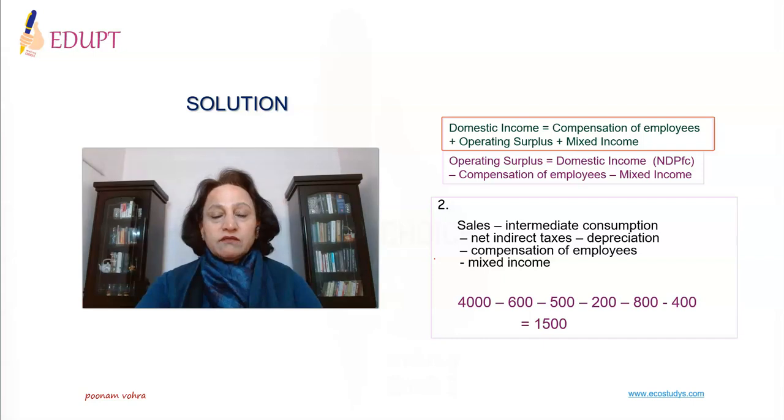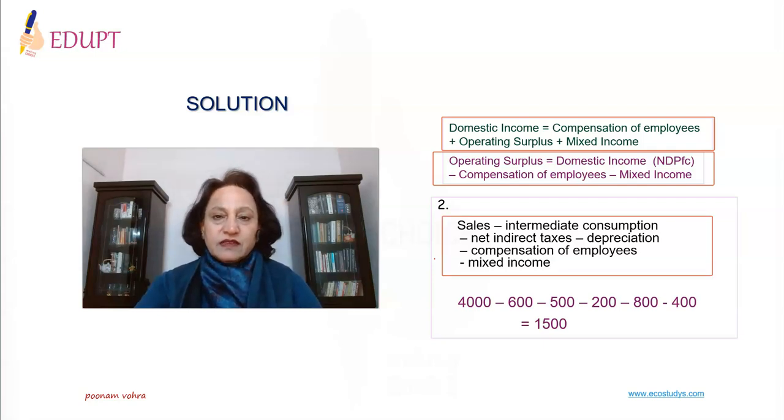So the formula becomes operating surplus is equal to NDP at factor cost or domestic income minus compensation of employees minus mixed income. One can find NDP at factor cost, which is in actual sense sales plus change in stocks minus intermediate consumption. Here change in stocks are not there, so it will be sales minus intermediate consumption. Since it is at factor cost, minus net indirect taxes, as it is net, so minus depreciation.